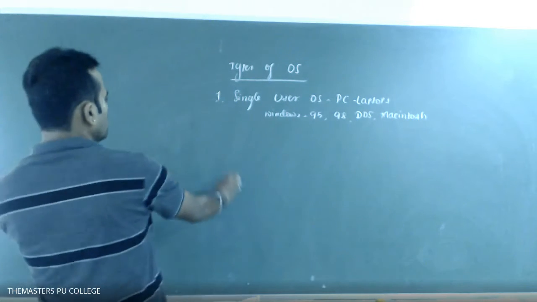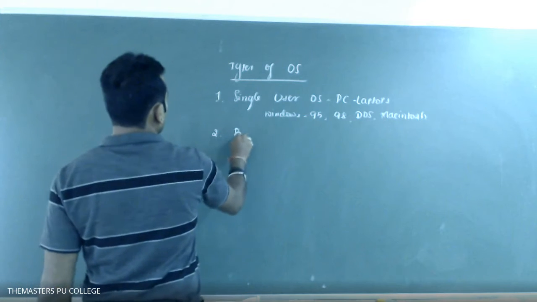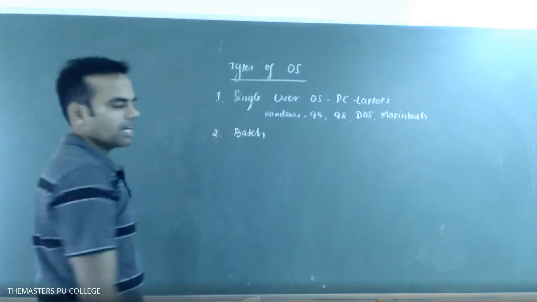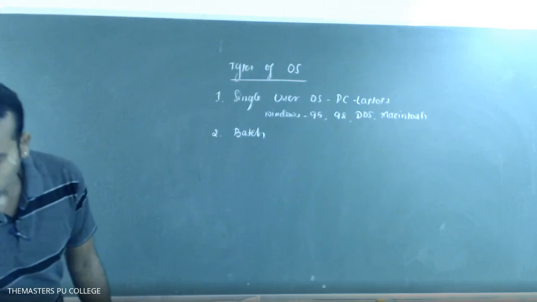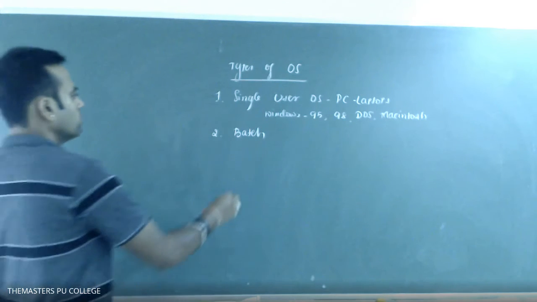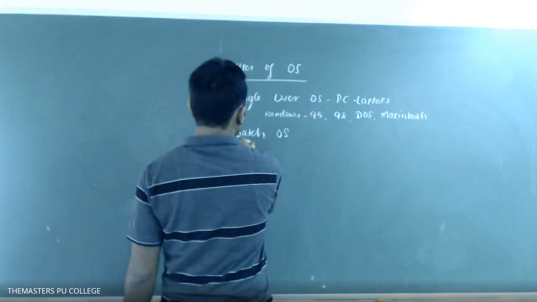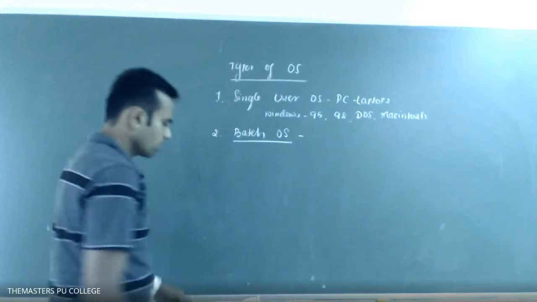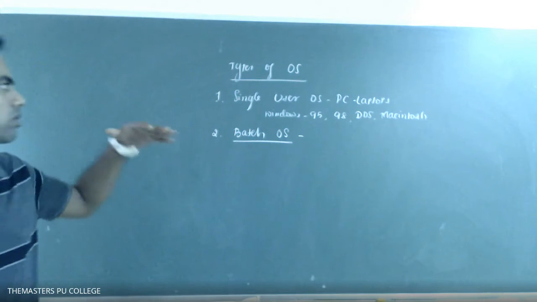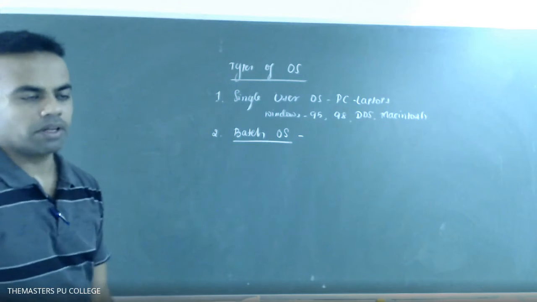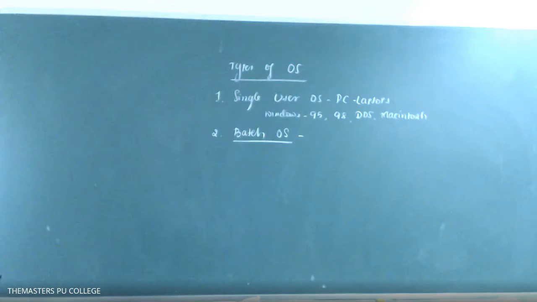Next, number 2, batch operating system. Okay, this is the type number 2 in the operating system, that is batch operating system.